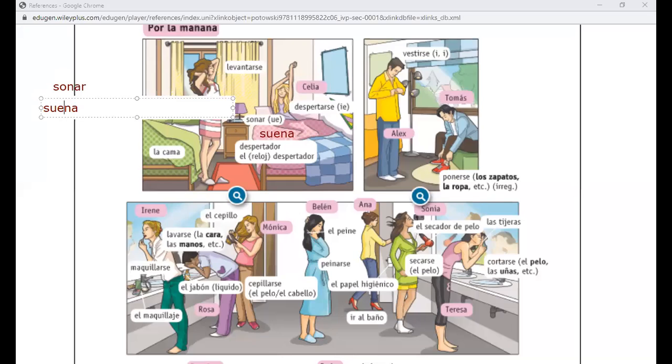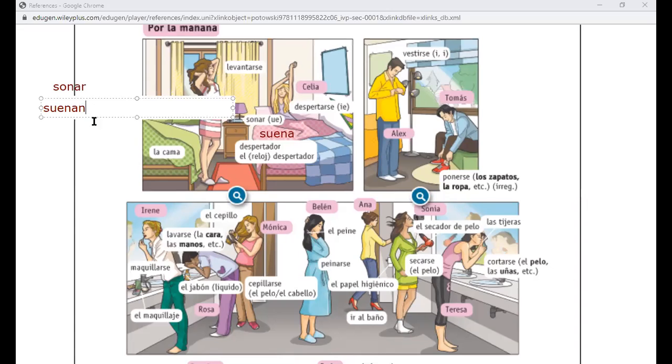That's how sonar became suena. Now, if it was more than one, it would be suenan. Okay? So you basically replace the O with UE, then you conjugate it as a regular AR verb. Sí. Okay. But remember the replacement of O is not for all persons. No, I know. Okay, good.